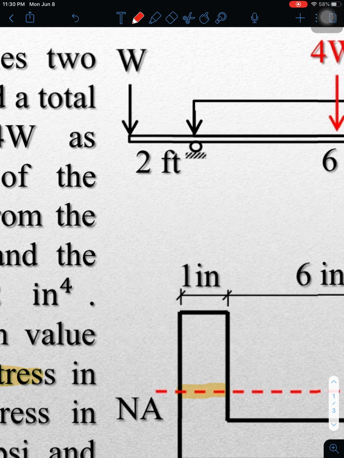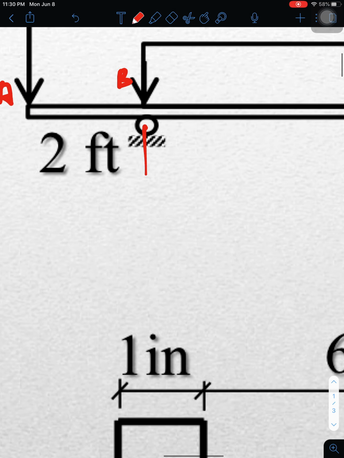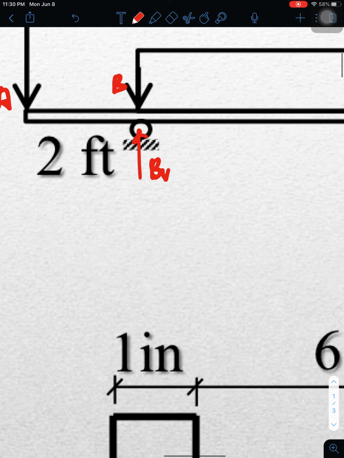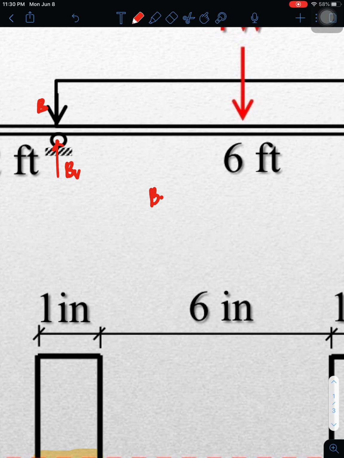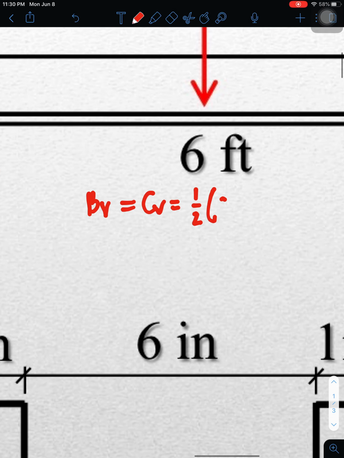And then this is A, this is B, and C, D, then you have CV, and you have BV, then the relationship of BV and CV, that's 1/2 of 6W.